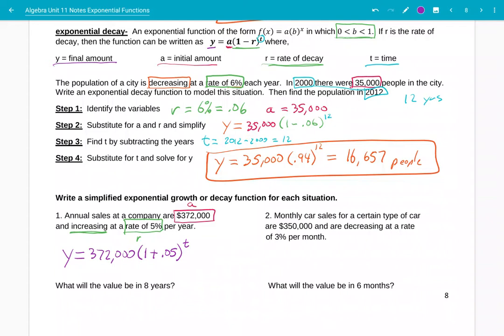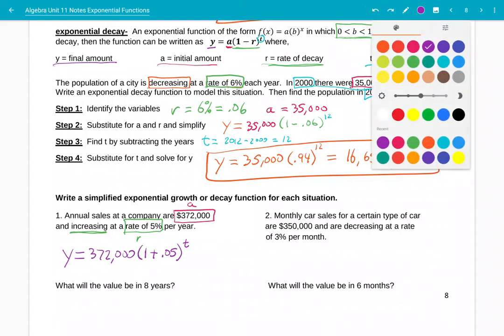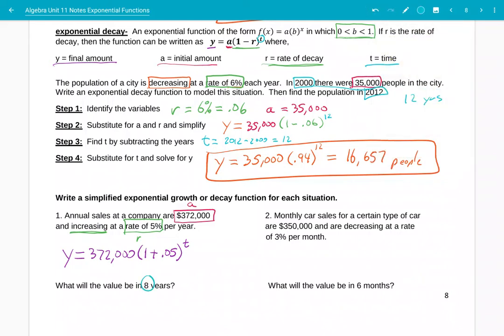What will be the value in 8 years? Oh, that's the next question. What will be the value in 8 years? That's going to be our t value. So we just plug 8 in for t. Y equals 372,000. 1 plus 0.05 is 1.05, and then raised to the 8th power.